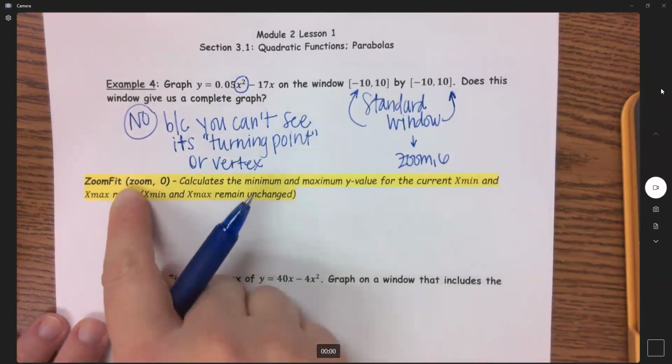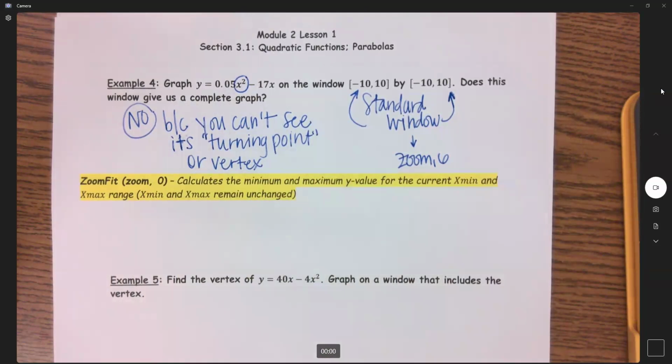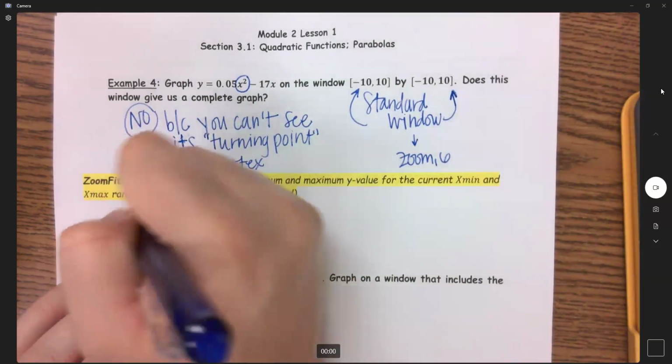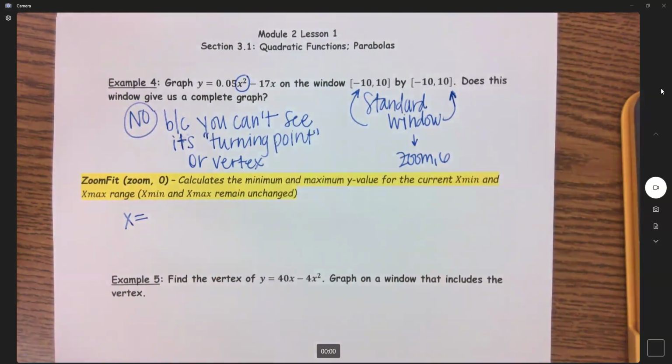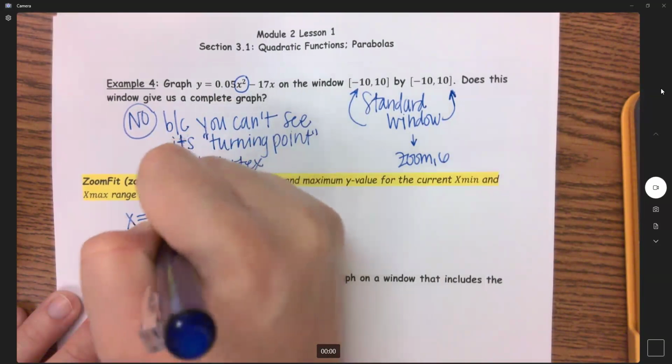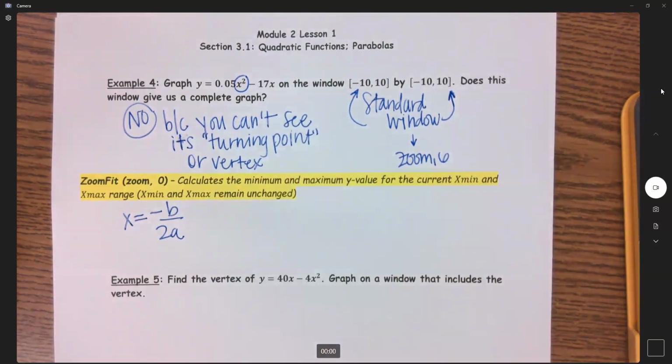Well, we can use this ZoomFit, and we've used it barely in module 1. We're going to be using this quite a bit going forward. So if I want to see the entire thing, first what I want to do is find where that vertex is. And we can find out where at least that x coordinate of that vertex is by doing x equals negative b over 2a.